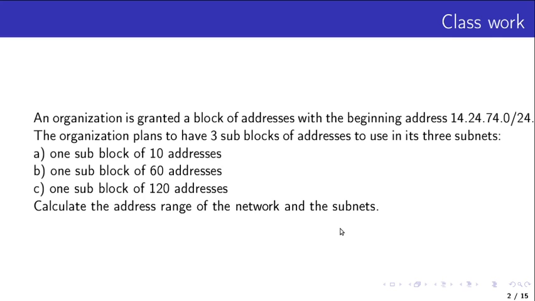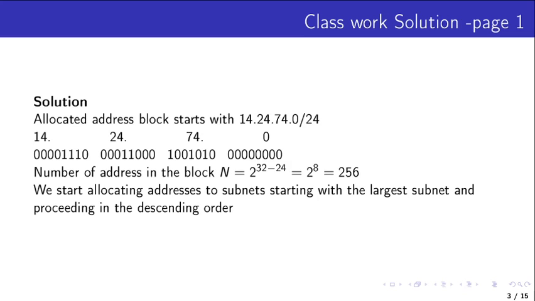So this is what your problem is. You have to calculate the range of network and the address, subnets. So we'll discuss the solution. The total number of addresses is 2 power 32 minus the prefix length 24, that is 256.